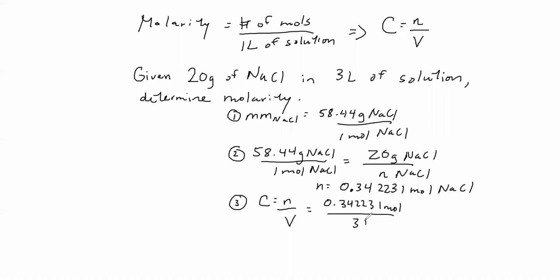And I divide this by the 3 liters I'm given for my solution. And this number ends up being approximately, with 3 significant figures, 0.114 moles per liter, or 0.114 capital M.